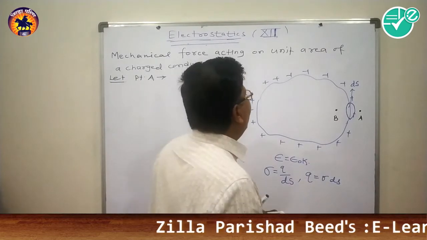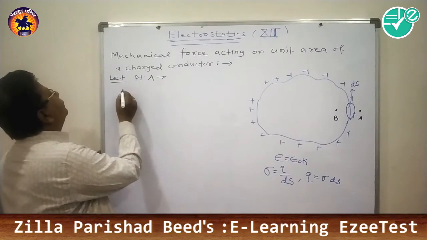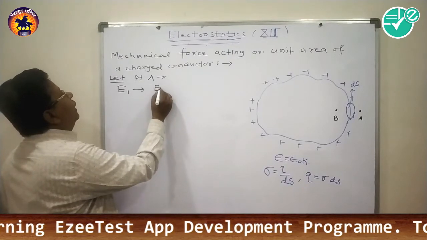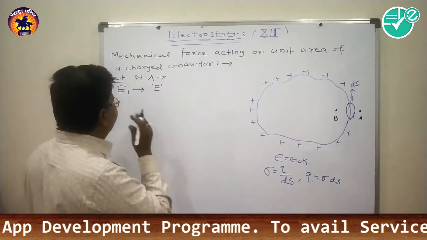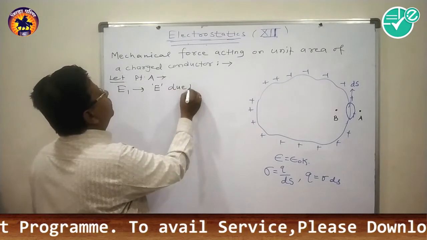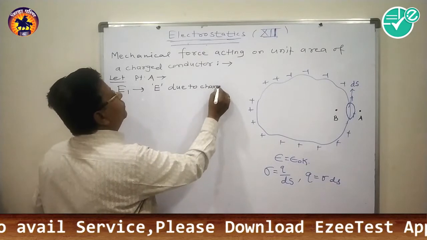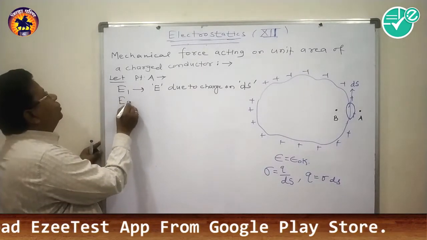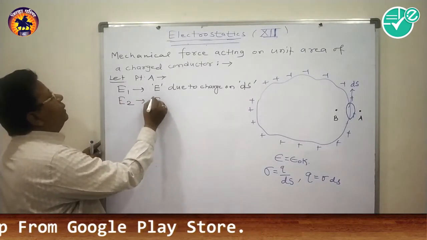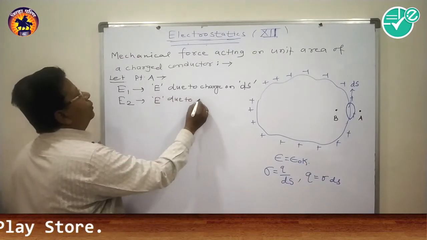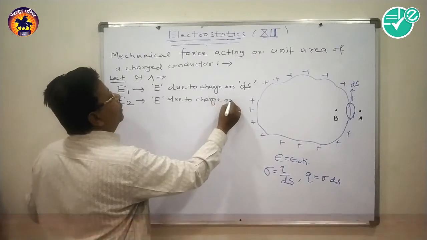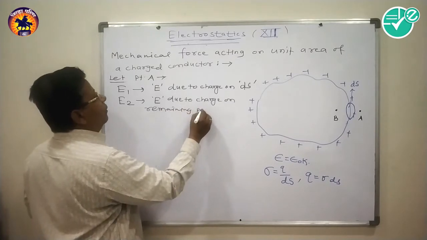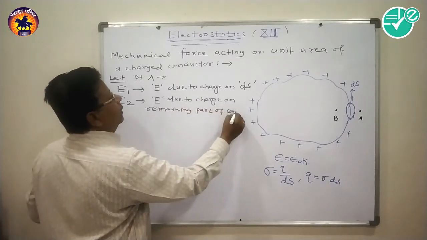Then consider E1 is the electric field intensity due to charges on area ds, and E2 is the electric field intensity due to charge on remaining part of the conductor.